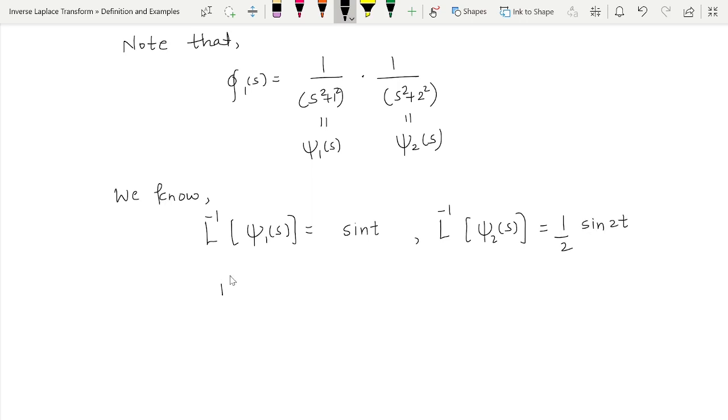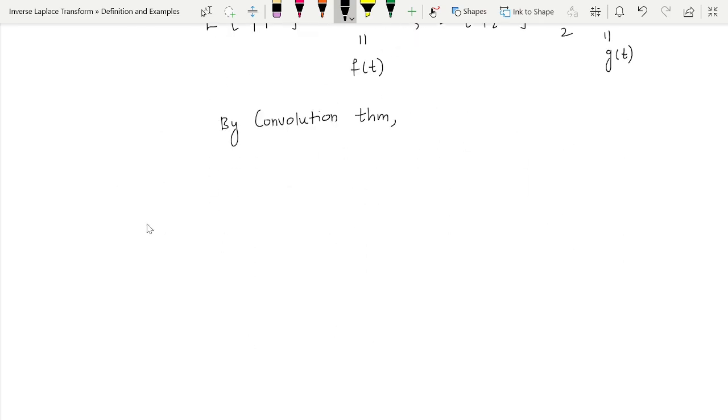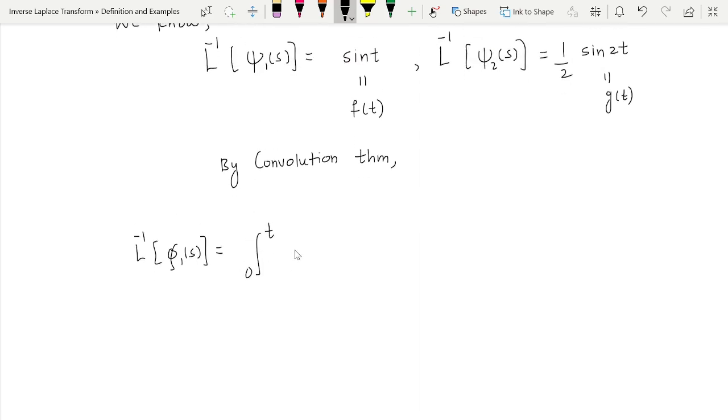So I'll say by convolution theorem, we'll call the first one f of t and the second one g of t. By convolution theorem, L inverse of phi 1 of s will be equal to integral 0 to t f of u, now f of u will be sine u, multiplied by g of t minus u.